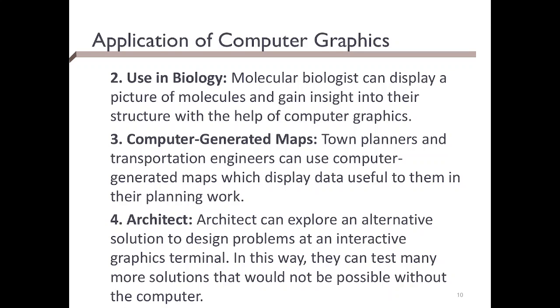There are tons of software for doing architectural design, and with a sophisticated system like a computer system, they can design everything with high accuracy, showing the way it will look, after which the construction is done. So computer graphics gives us this opportunity in architecture.